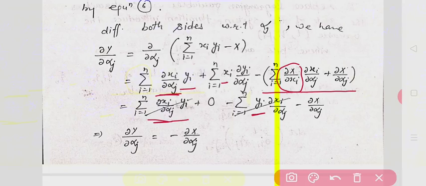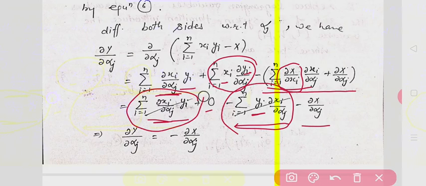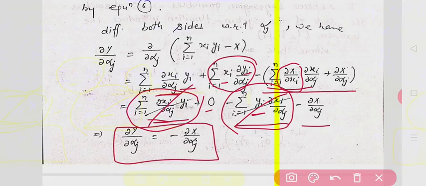When you find the derivative of yi with respect to alpha j, this is independent of alpha j, so that will be 0. The minus sign is there, so this term and this term are of opposite sign and will cancel out. So it will be left with minus of curl x over curl alpha j, right? So this is the required proof.